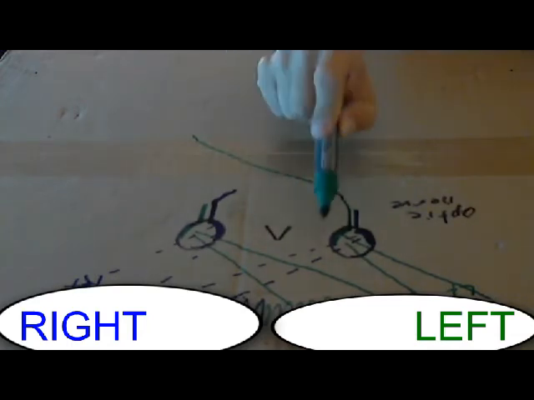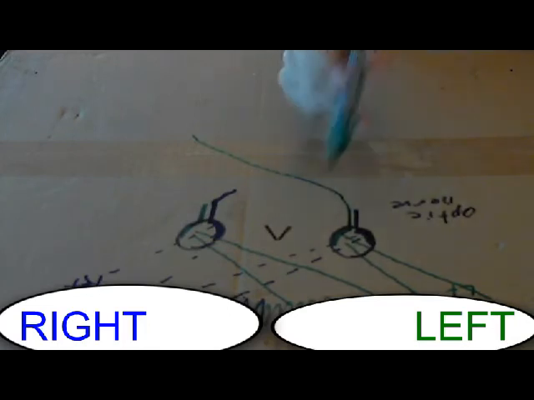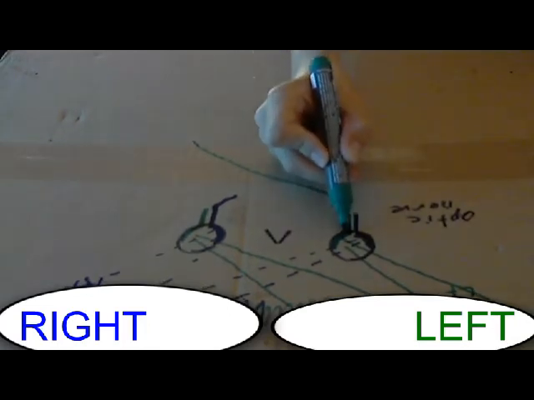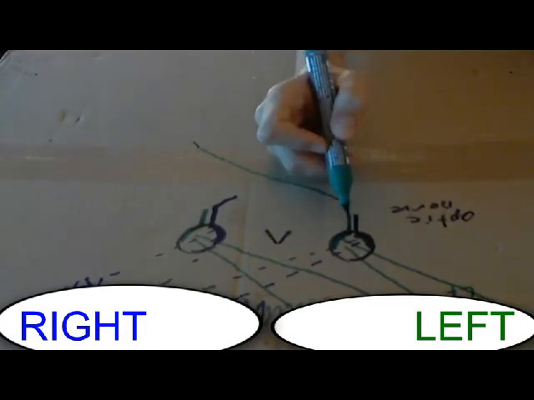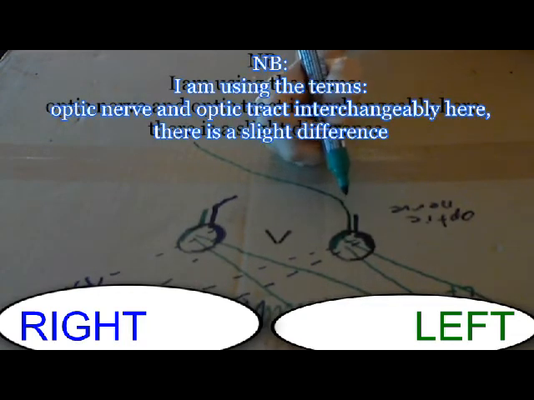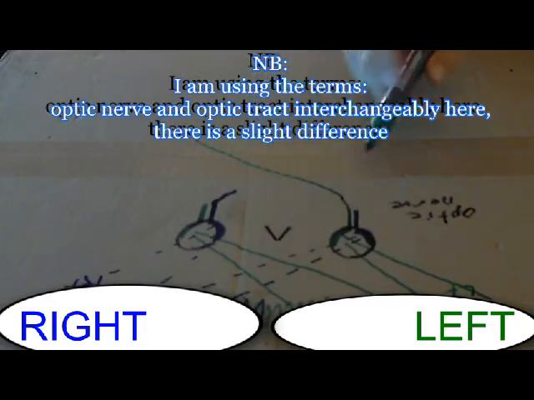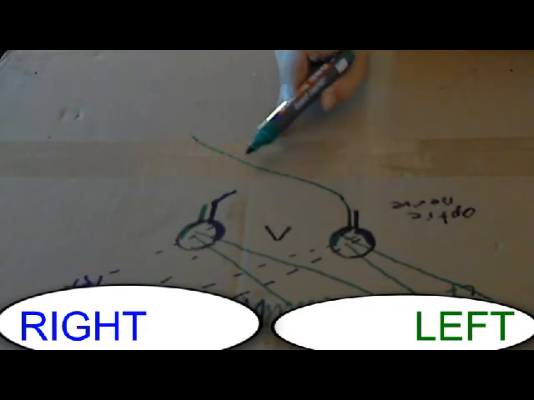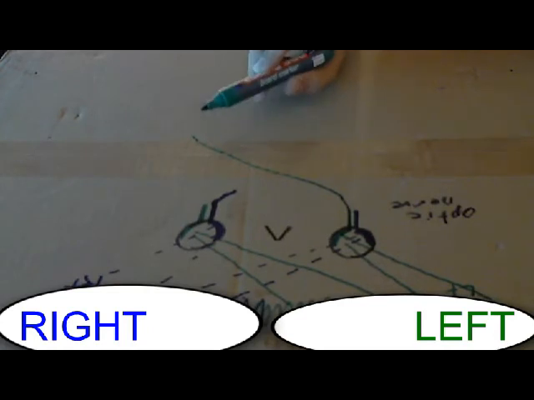So you have this green one, which is the information from your left visual world hitting your left eye's nasal part of the retina, being carried along fibers in the optic nerve, which are nasal fibers, crossing over to the right side of your brain.